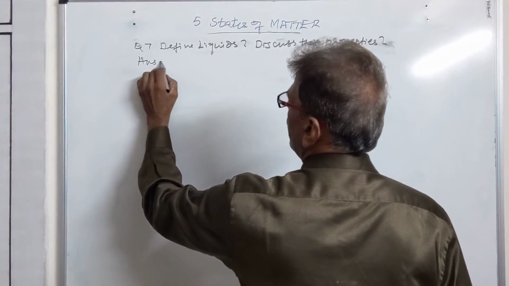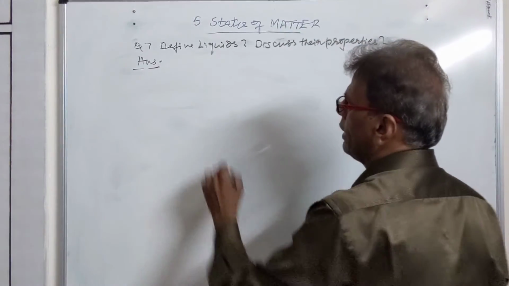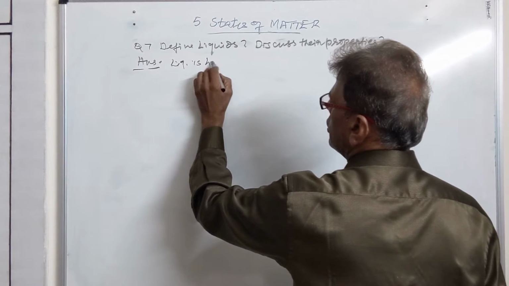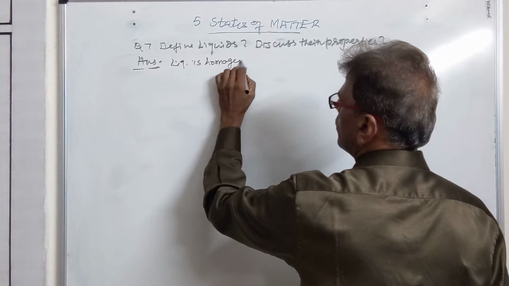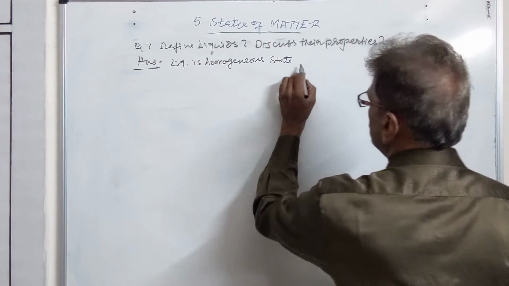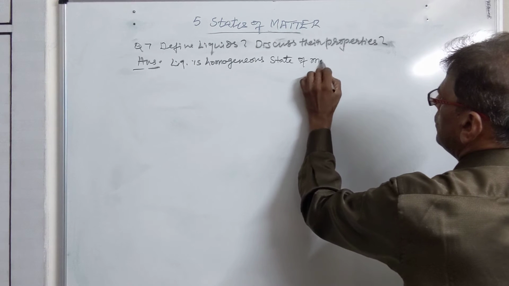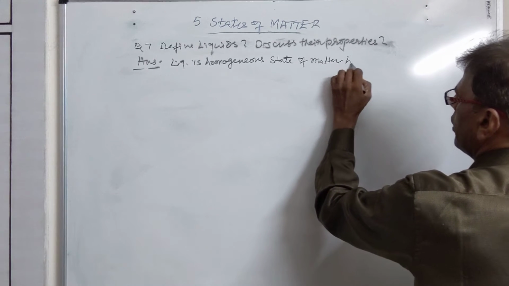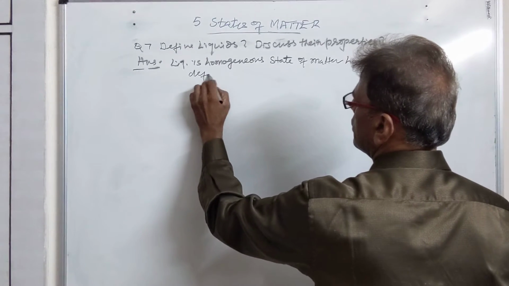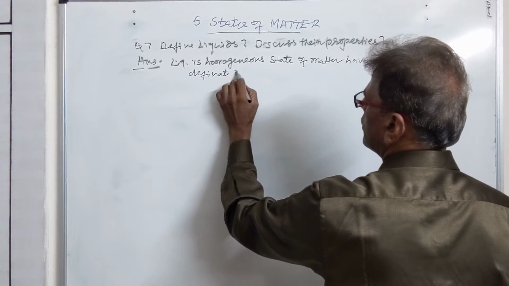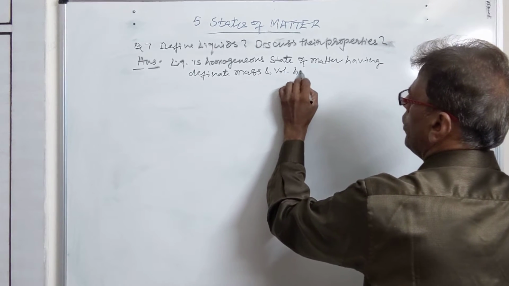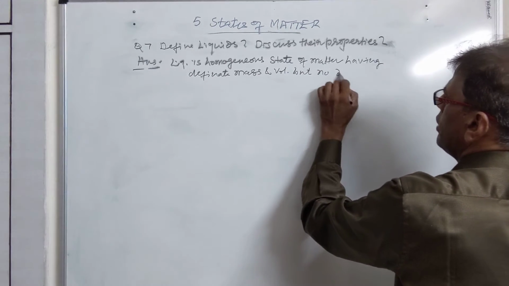So as we have defined gases, just like that, liquid is a homogeneous state of matter having definite mass and volume but no definite shape.